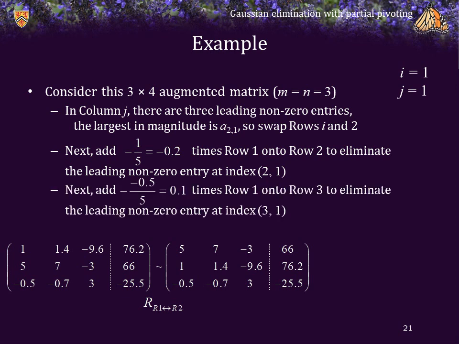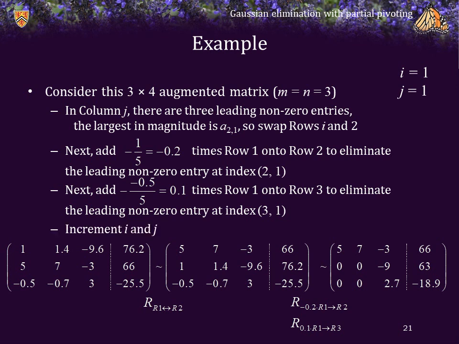We will also add the negation of negative 0.5 over 5, which is 0.1, times row 1 onto row 3 to eliminate that leading non-zero entry at index 3, 1. So now we are left with this matrix here. We will increment i and j, so i and j are now both equal to 2.